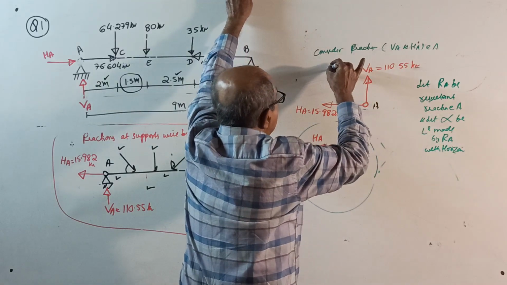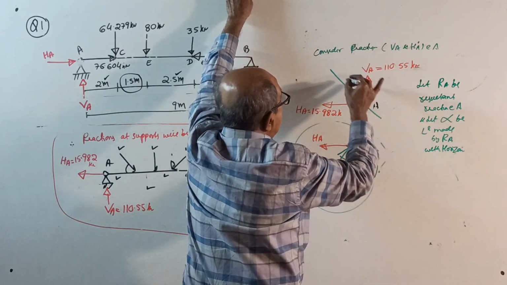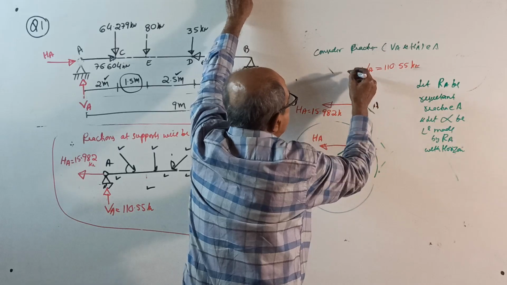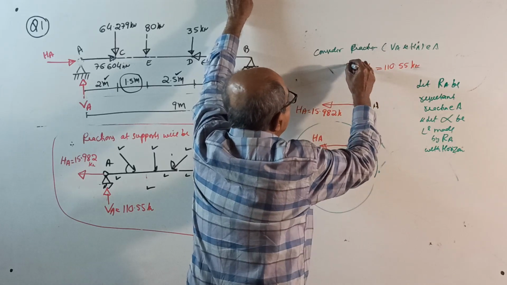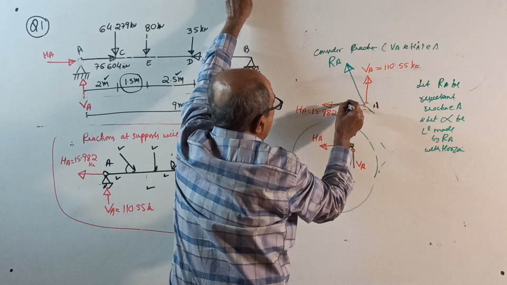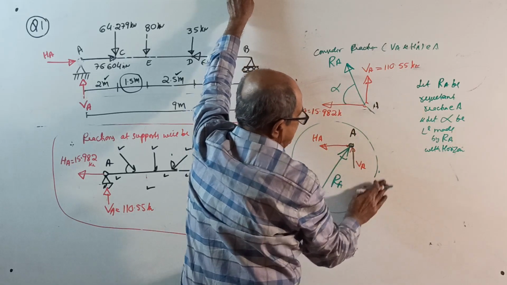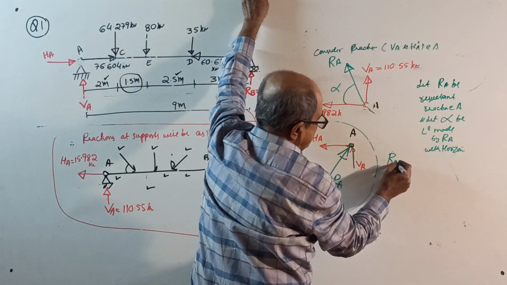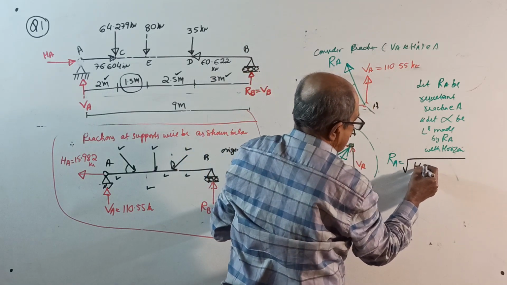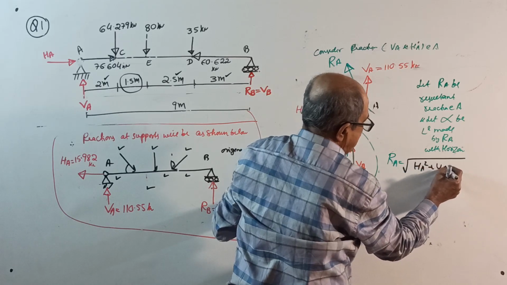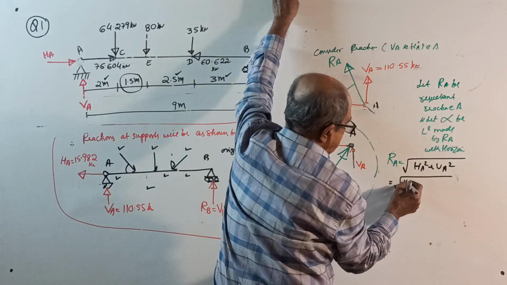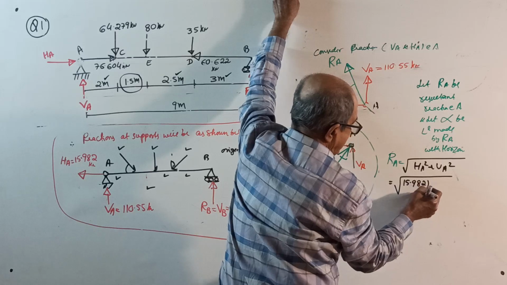Actually it will be very close to vertical because of the high force, it will come this way. Okay, that you can make out later. This is your RA, this angle alpha. Then RA equal to square root of HA square plus VA square, equal to root of 15.982 square plus 110.55 square.